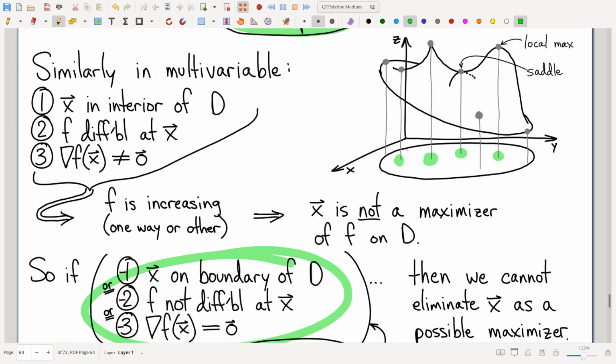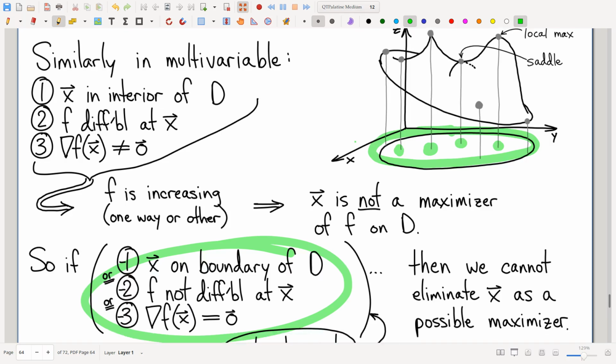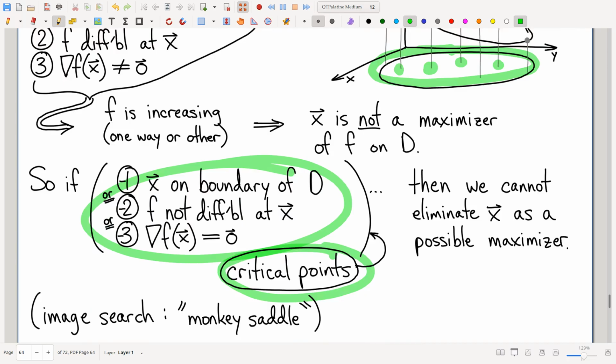And then a whole bunch of points that are on the boundary that simply fail to be in the interior in the first place. So all of these points are points where we can't eliminate. These are points where we throw up our hands in defeat. We have no idea what's actually going on at those points. Can't eliminate them, so we give them a label. We call them critical points so we can feel like we accomplished something. And really all we did is identify where we don't know what's going on. Is that cool?